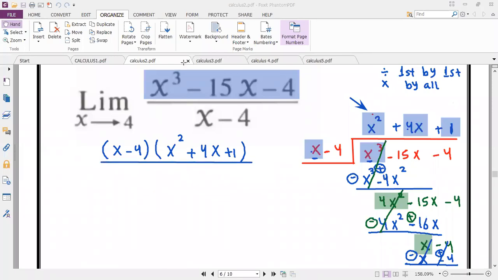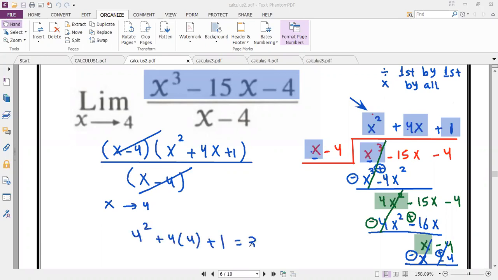Then you are going to cancel x minus 4 and x minus 4. So you end up with x squared plus 4x plus 1. Put 4 instead of x, as x tends to 4. So 4 squared plus 4 times 4 plus 1 equals 33.